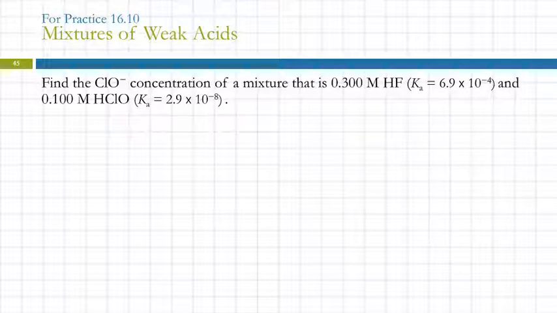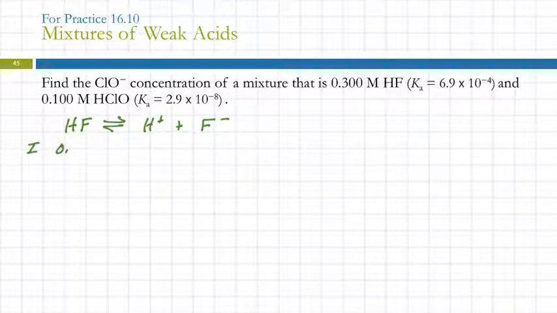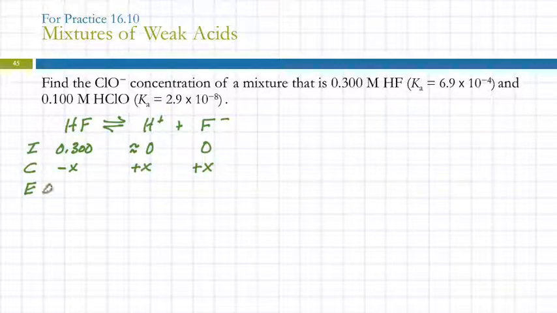So we'll set up an ICE table for the stronger weak acid. Initial is 0.300, and here we're saying this is approximately 0, and this is 0. Our change is minus x, plus x, plus x, equilibrium 0.300 minus x, x and x. 6.9 times 10 to the minus 4 is the equilibrium constant.